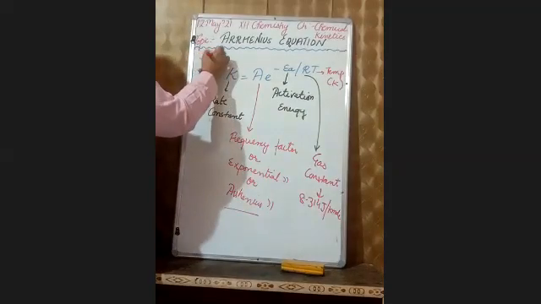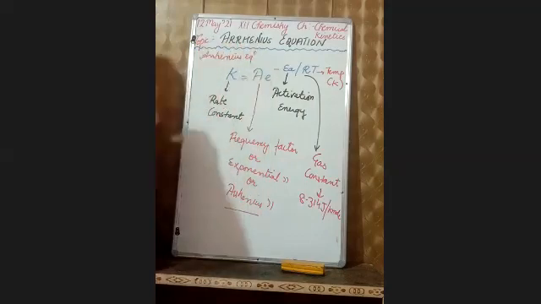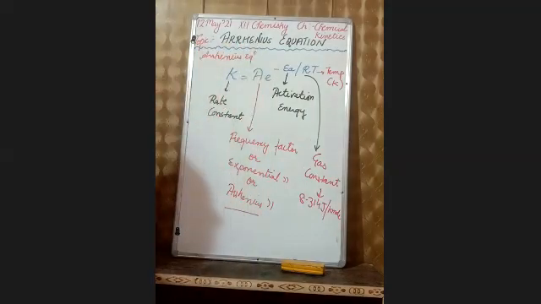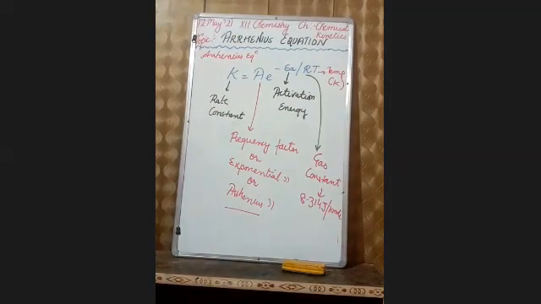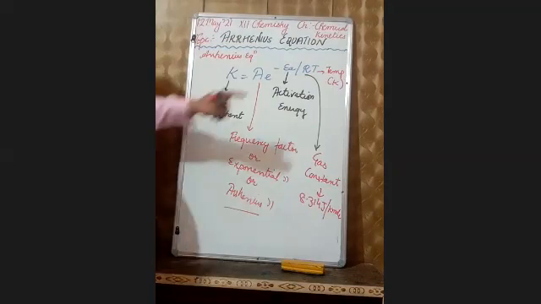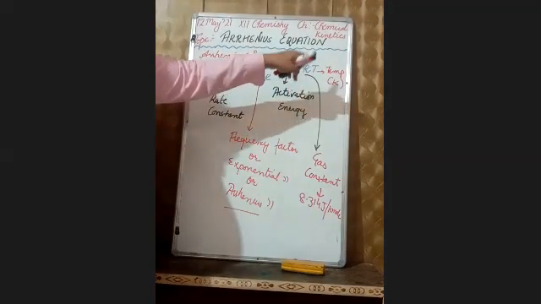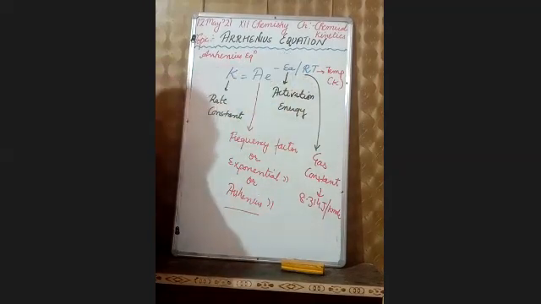This is your Arrhenius equation, in which k is equal to A e to the power minus Ea over RT, where k is the rate constant, A is your Arrhenius constant, R is your gas constant, T is the temperature in Kelvin, and e is the exponential and Ea is your activation energy.